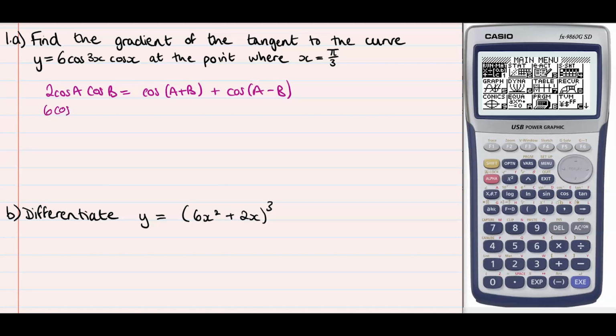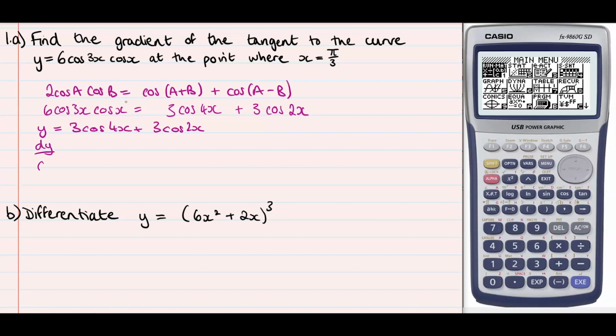So 6 cos 3x cos x will be equal to 3 of cos, add up the 3x and the x, so we get 4x, plus 3 cos a minus b, so that's the 3x minus the x here, so 3x minus x is 2x. So just making that a little easier first, so y is equal to 3 cos 4x plus 3 cos 2x.